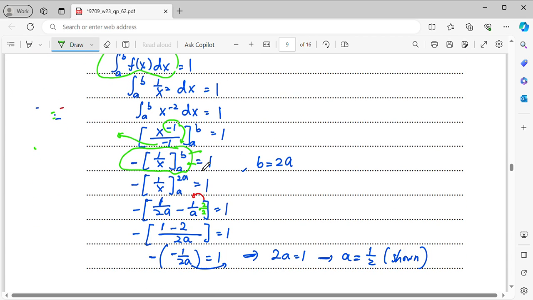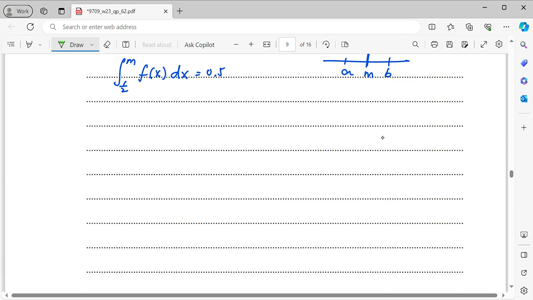So I will write negative 1 over x, and then my limits, upper limit is m, lower limit is half, then equals to 0.5. Then from here, I replace the x by m first. So it will be negative 1 over m minus 1 over half.